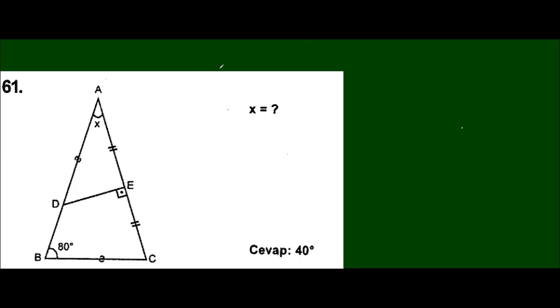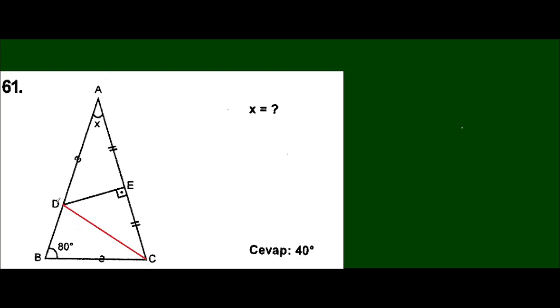Here again we have to draw the line and find out x. Again, if we draw this line DC, we can see that triangle ADC is an isosceles triangle.